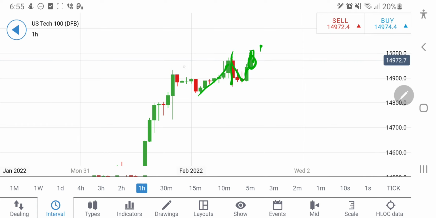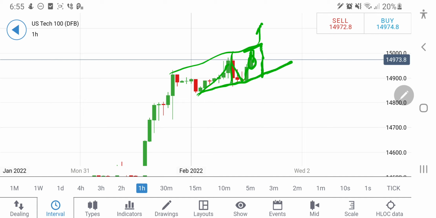If it breaks this resistance, then it's good. It will try to head towards 15,060, 15,100 and 15,200. Else it might try to retrace again. See this channel here, and then the support will come into picture at around 14,900. So for the day, till the time it remains above 14,870, 14,880, one can remain long.